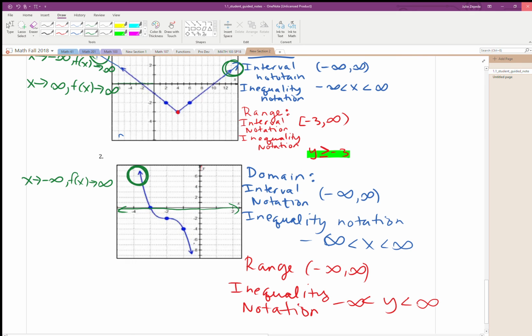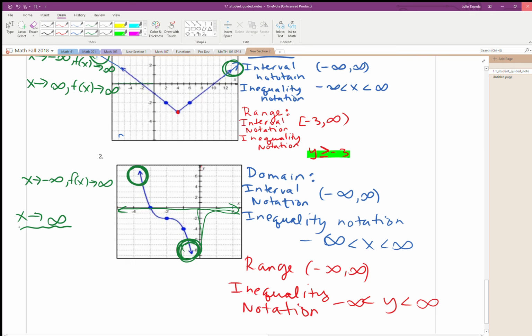Okay, then we need to know what happens as we go in the positive or in the right direction. So looking at our second endpoint on the right-hand side. Okay, and notice this graph's a little different, how my endpoint isn't actually in the positive quadrant of my graph. It's still here in the negatives, but we're still going to consider that one where x is going to positive infinity.